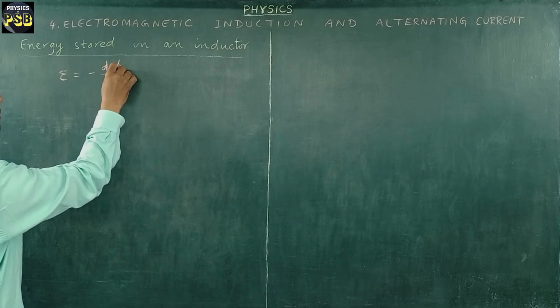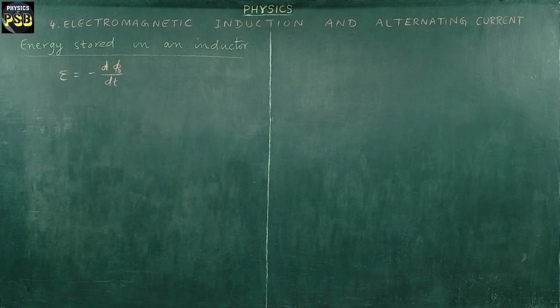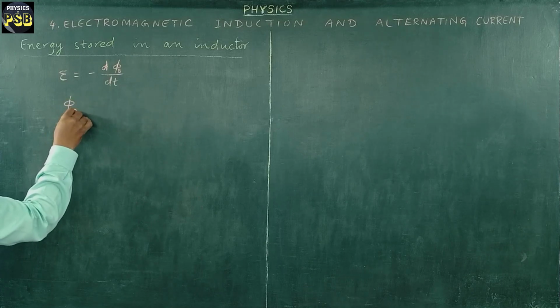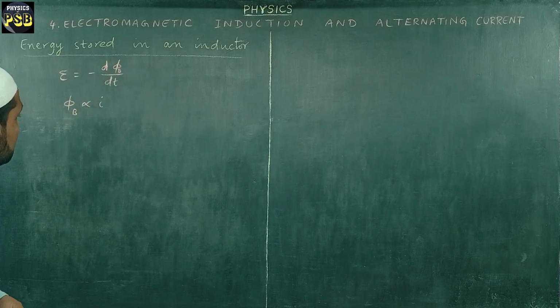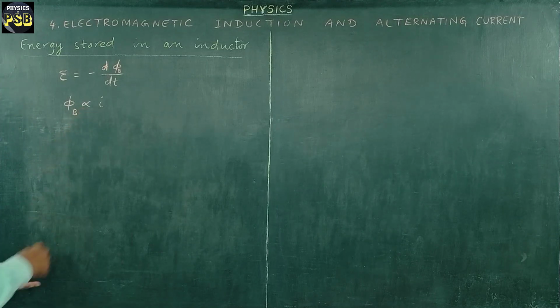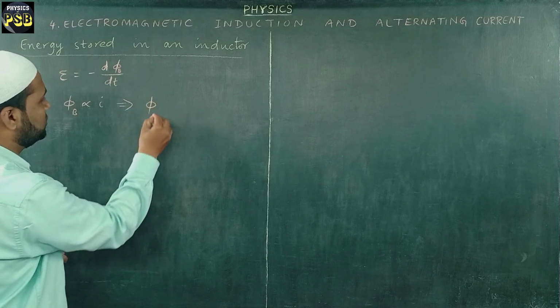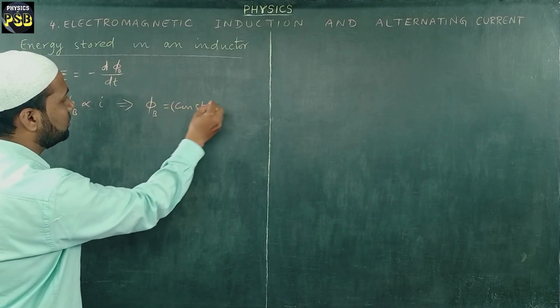Here phi B is nothing but magnetic flux. And we also know that the magnetic flux is directly proportional to the current flowing through it. When I remove the proportionality, I need to include a constant along with the equal to sign.